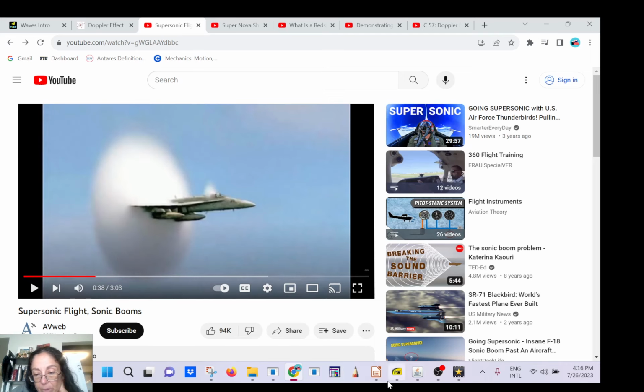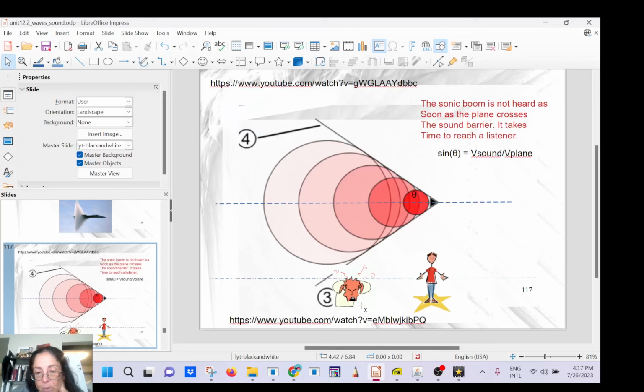Before talking about that, let's look at this slide here. What you have to understand is that cone here, you see that cone, you're going to have all those crests from the sound wave produced by the airplane piling up. And that's going to be your shock wave, because when it's sweeping over you, of course, the sound will be very loud.